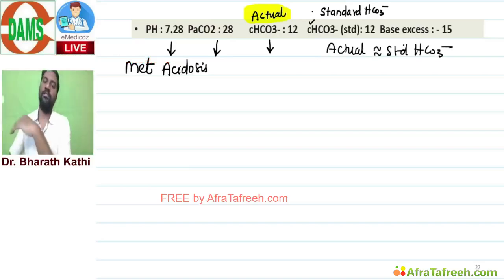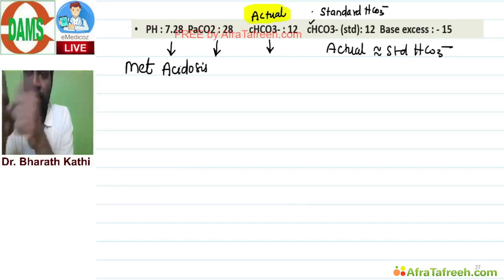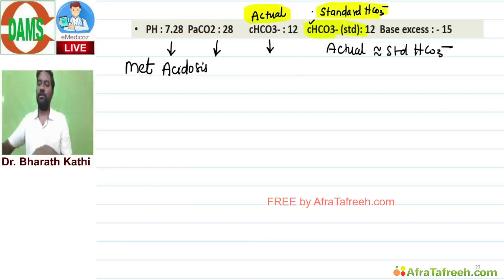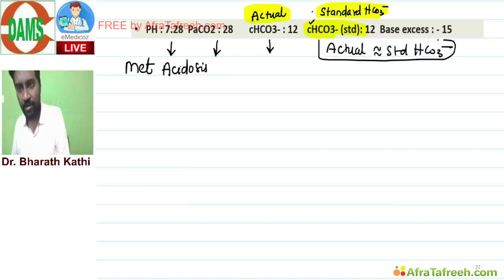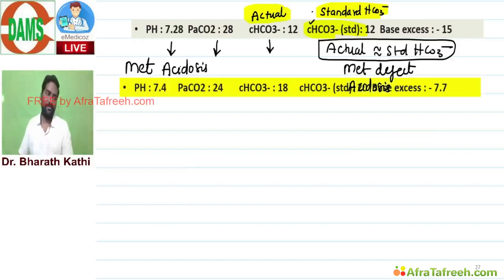It means even if I normalize CO2, the bicarbonate is not becoming normal. Still the bicarbonate value did not change. It means all this time the change in bicarbonate was due to a metabolic defect. This is a predominant metabolic defect. What metabolic defect will decrease bicarbonate? It is acidosis.